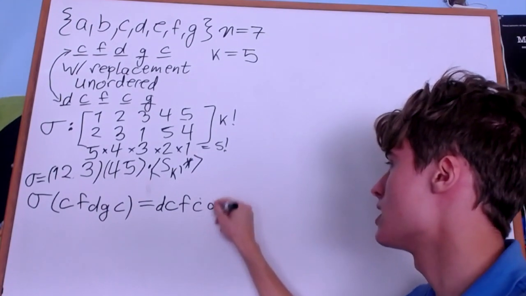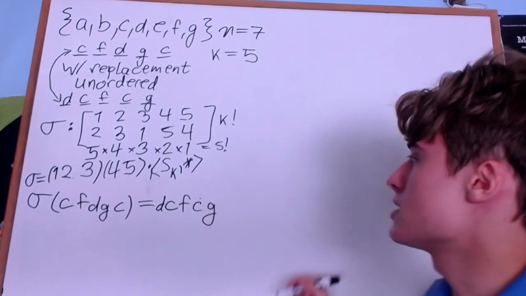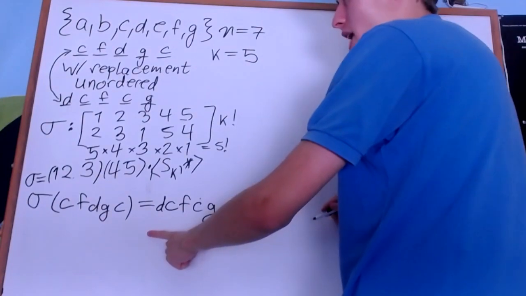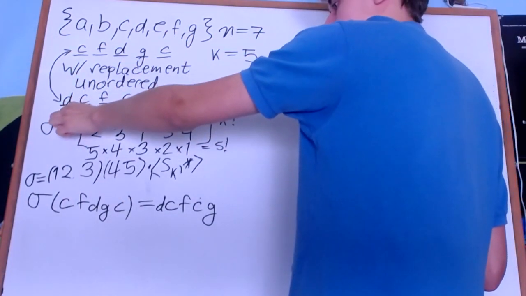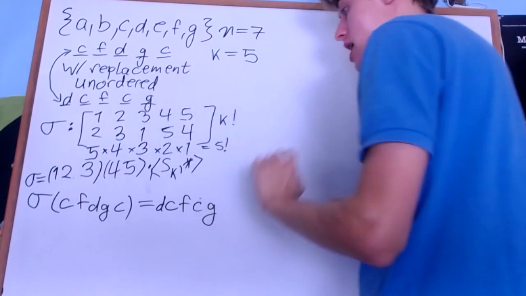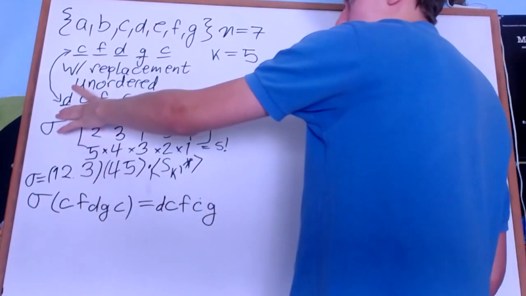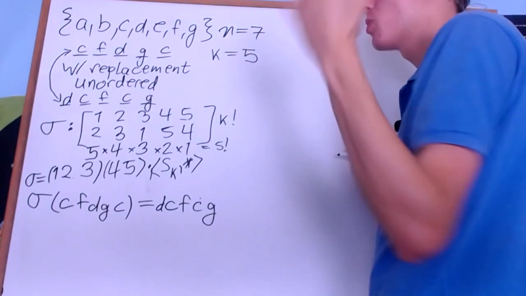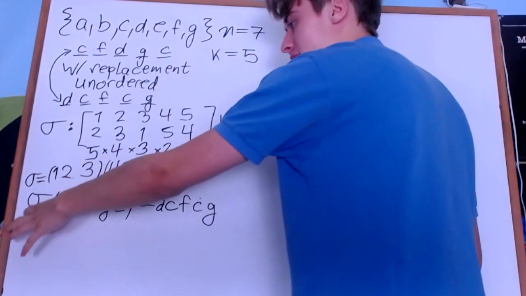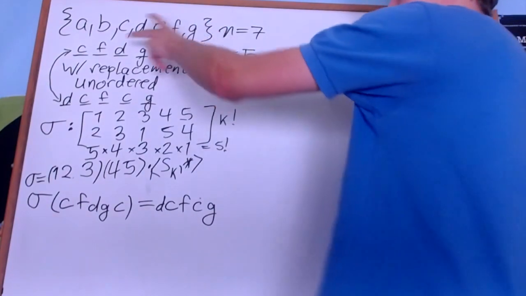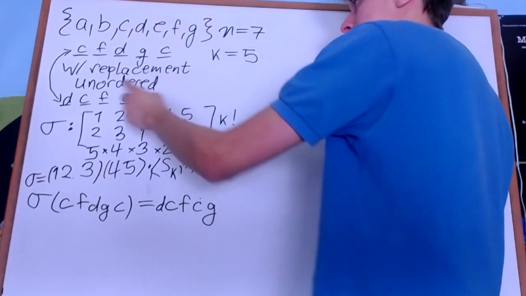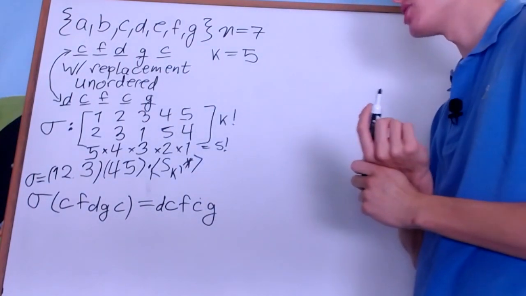So C, G. And you can see that this is the same rearrangement we had originally. So we had C, F, D, G, C, and we rearranged it to D, C, F, C, G. And so this rearrangement, which was supposed to show two equivalent strings, is the same thing as a permutation applied to that string. So all of the rearrangements of this string is actually just a permutation applied to that string.